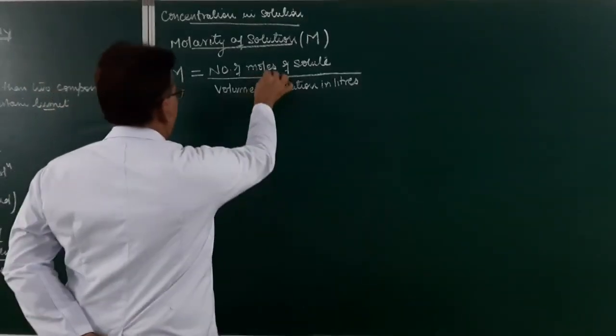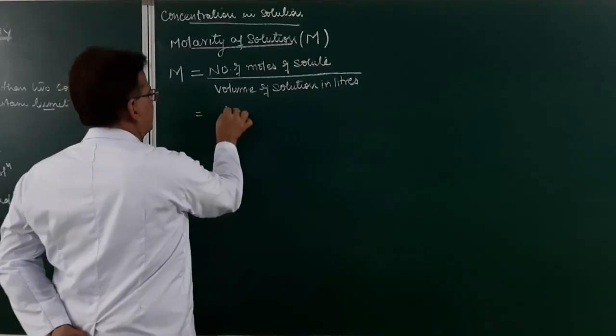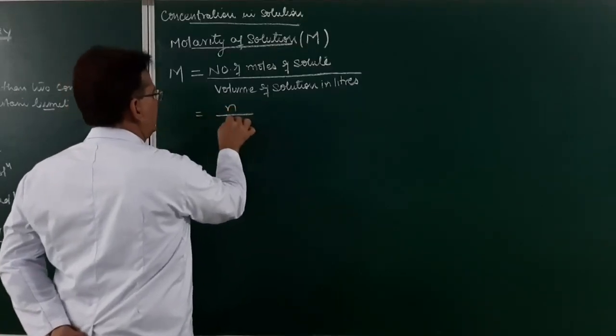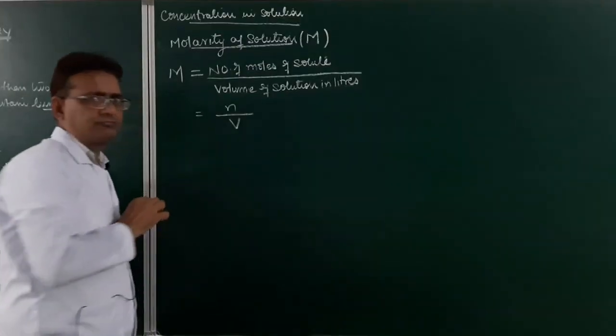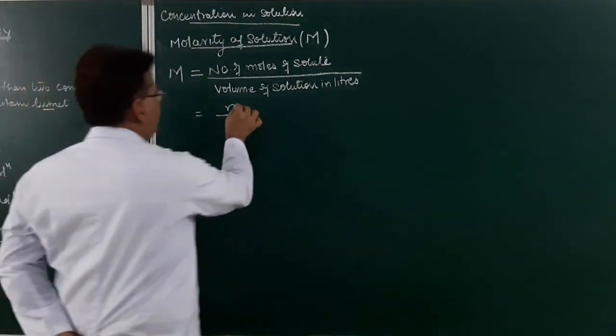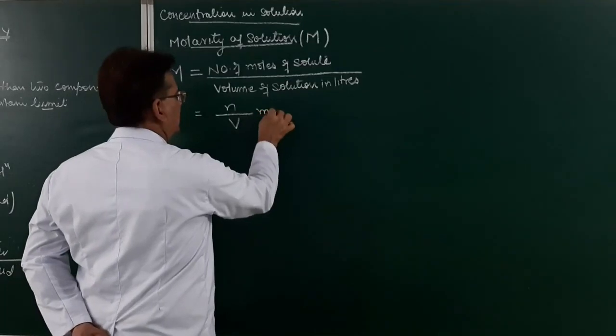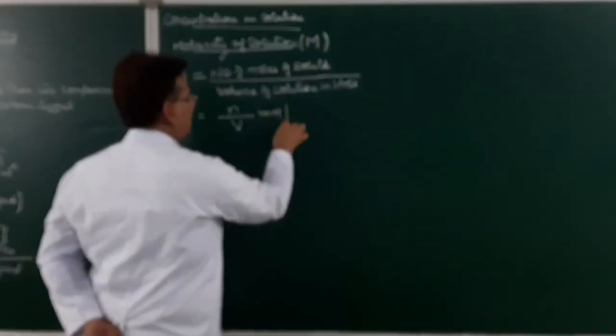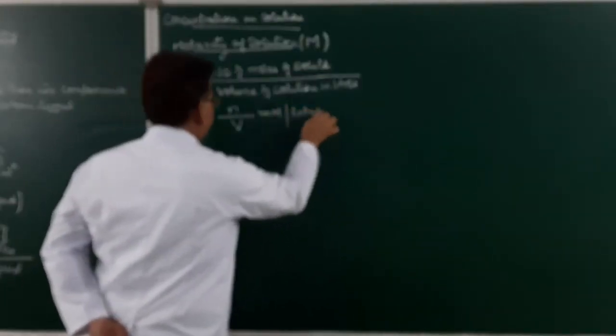If I represent number of moles of solute by the symbol n and the volume of the solution by V, what will be the unit of this? Mole per liter. This is the molarity of the solution, written by capital M.